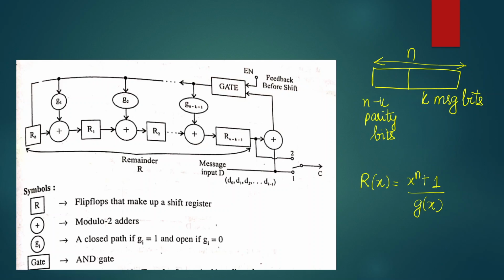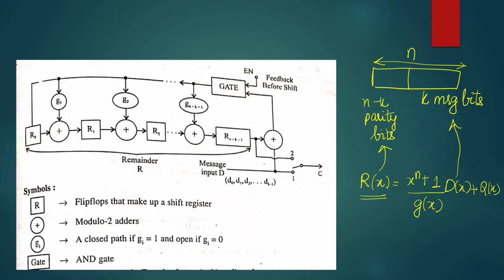This is multiplied by d(x), and this is the quotient. The remainder we get will be the remainder polynomial. The coefficients of the remainder polynomial will form the n minus k parity bits, whereas d(x) will form the k message bits. This is how we obtain the code word.